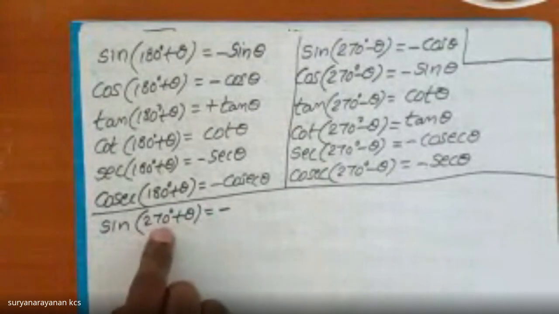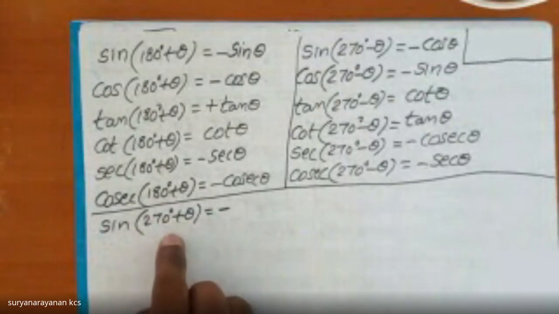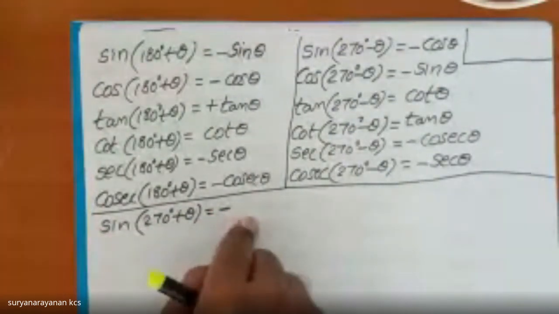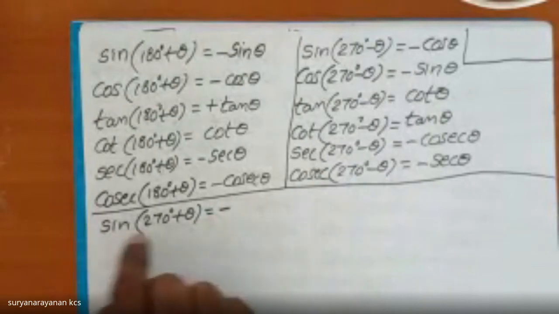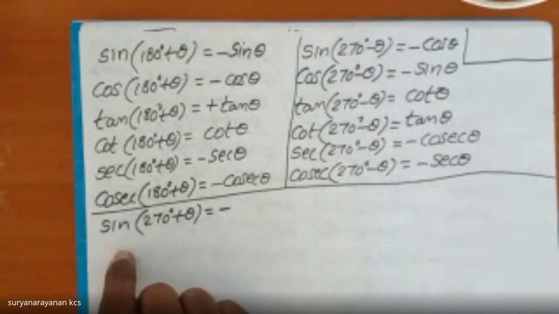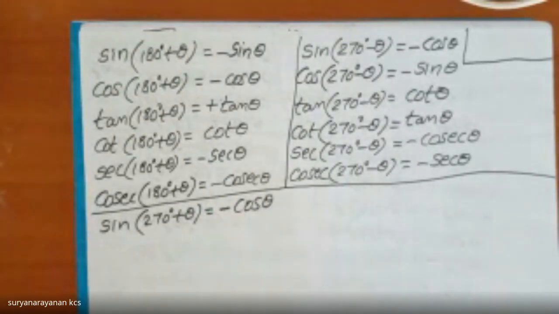Here the angle is written as a combination of 270 degrees. So in this case, sine changes to cos, cos changes to sine, tan changes to cot, cot changes to tan, secant changes to cosecant, cosecant changes to secant. Please remember this rule. Understood this point, my dear children?